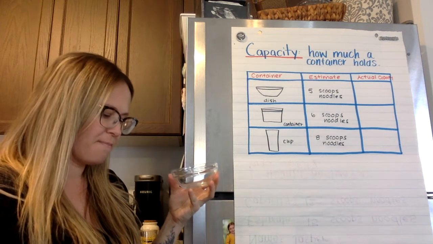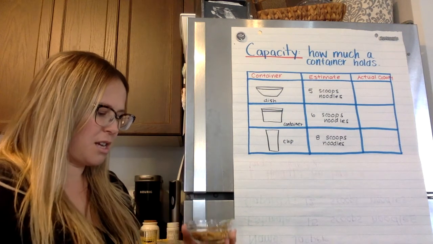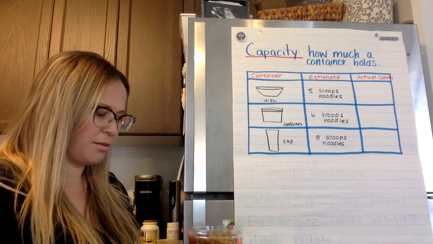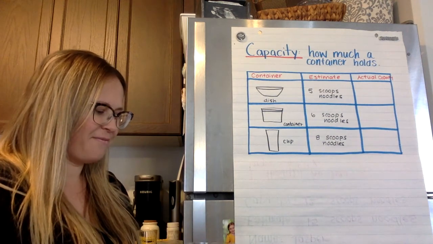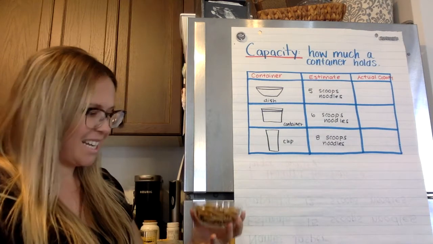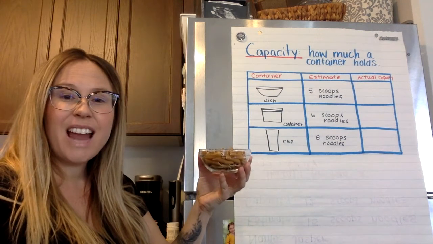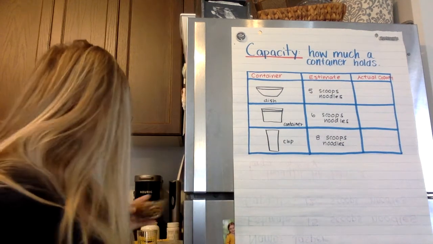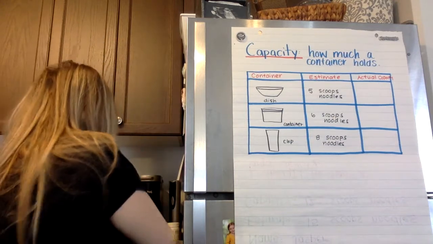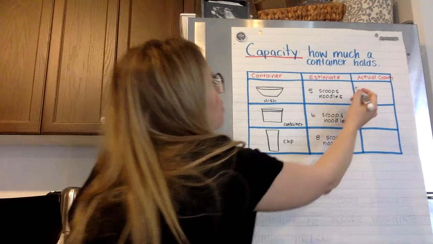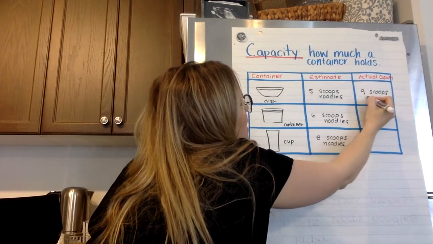Let's see how close I am. 1, 2, 3, 4, 5, 6, 7, 8, 9. Ooh, I'm going to say it actually held 9 scoops. Almost double my estimate. So I'm going to write that down. The actual was 9 scoops of noodles.